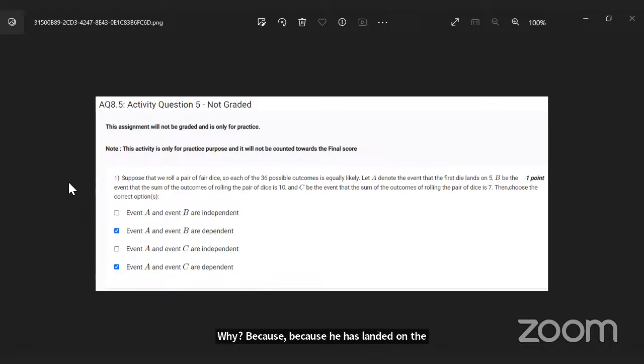So B is dependent on A. Ma'am, that's the rationale behind selecting the second option, events A and B are dependent. It is one of the events you said in which 5 would be there.